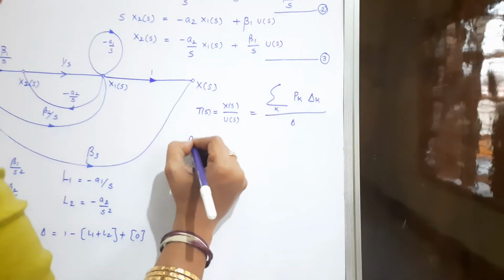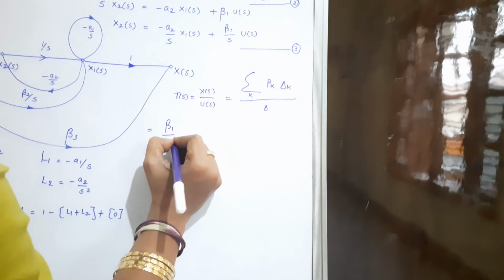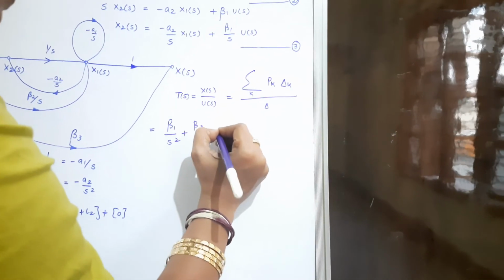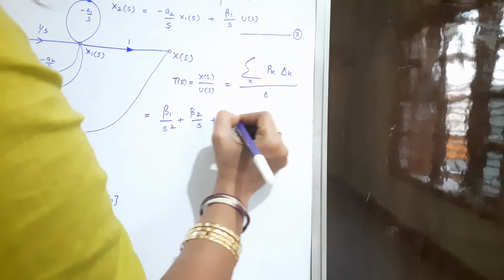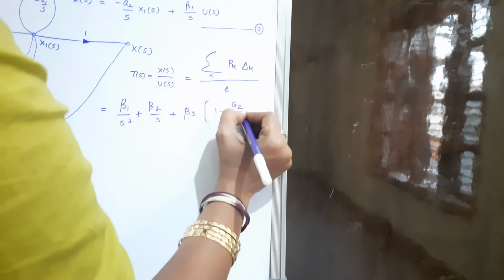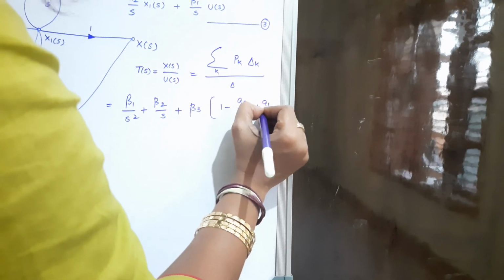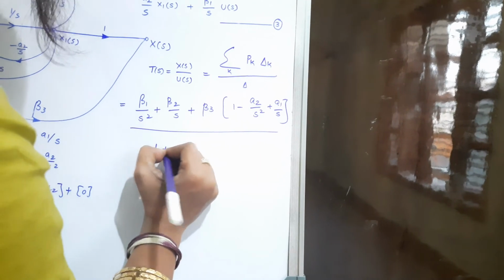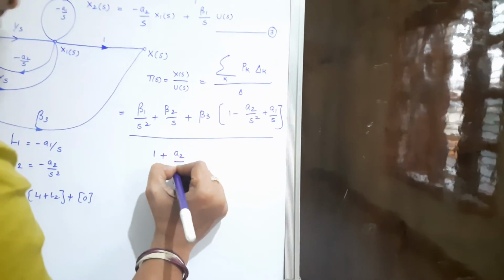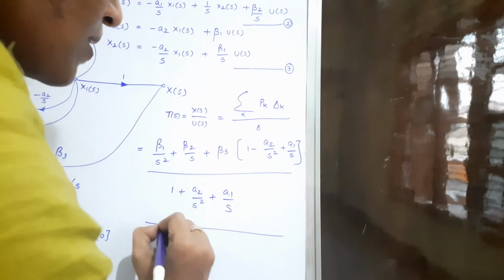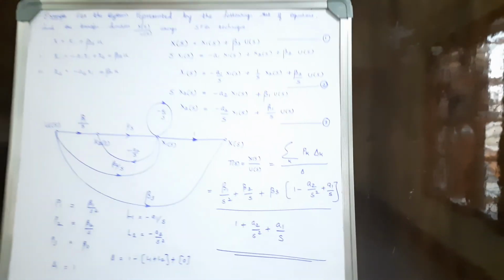So substituting, beta 1 by s square plus beta 2 by s plus beta 3 into 1 minus a2 by s square plus a1 by s, upon delta, which will be 1 plus a2 by s square plus a1 by s. So this is how the transfer function is found.